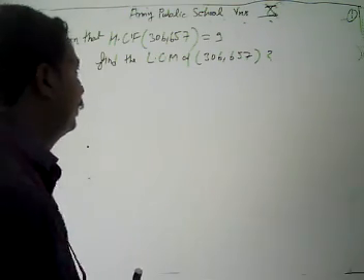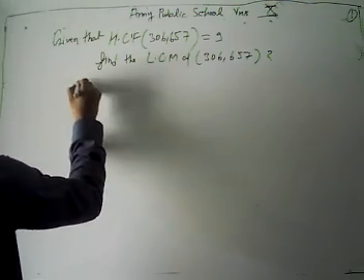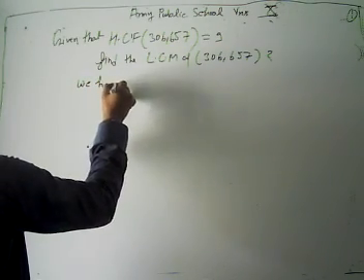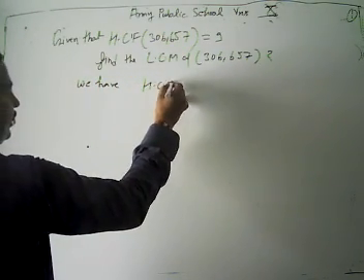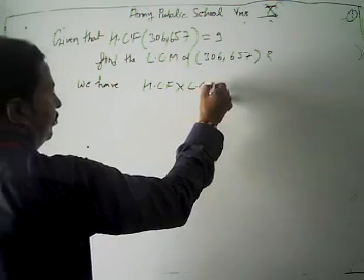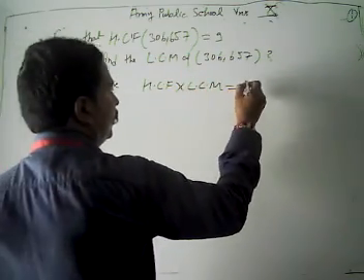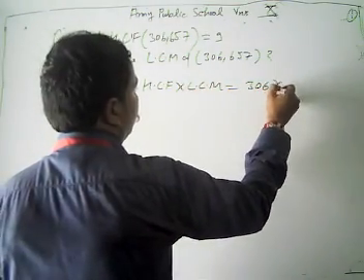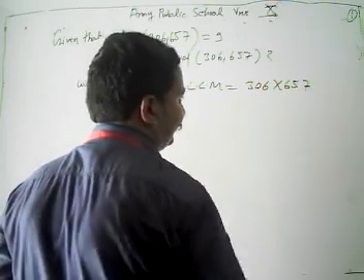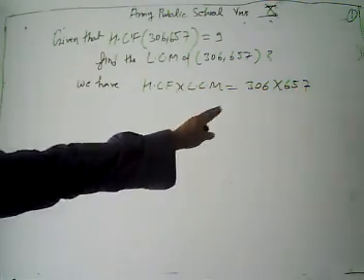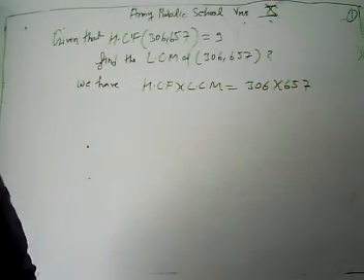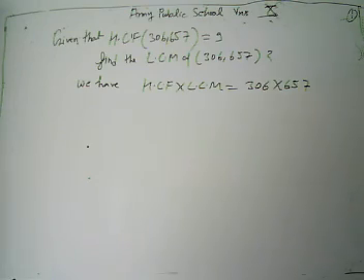Then what do we have? HCF into LCM is equal to 306 into 657. The product of HCF and LCM is equal to the product of the numbers.